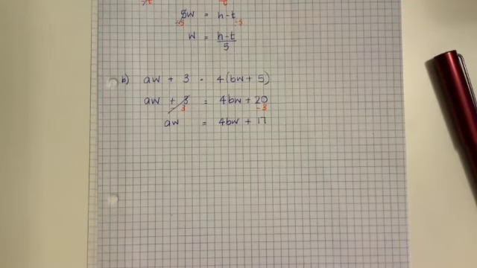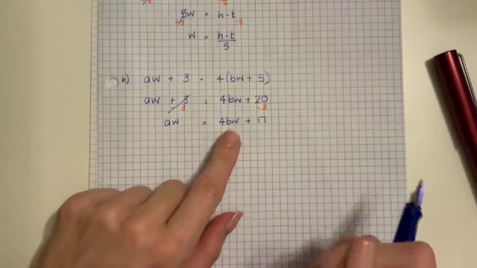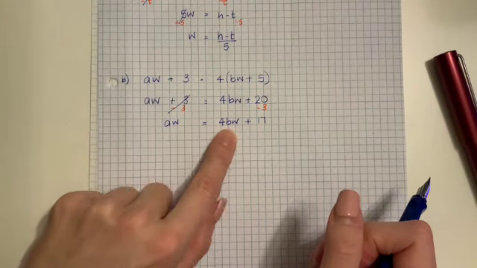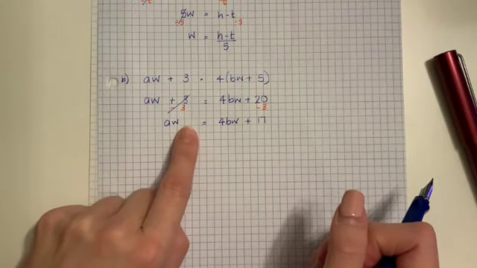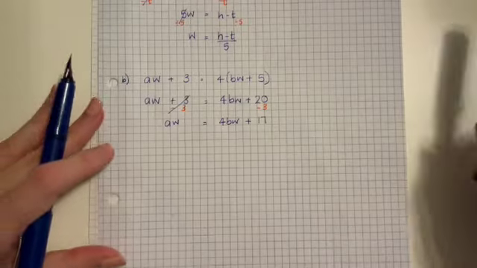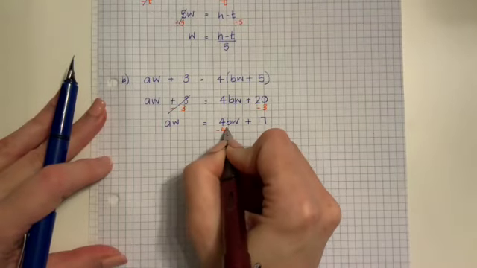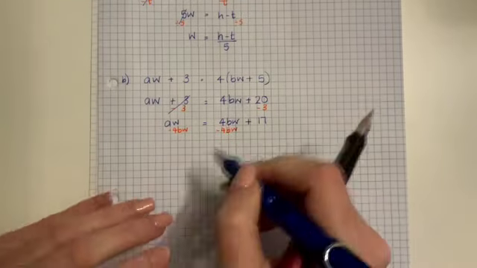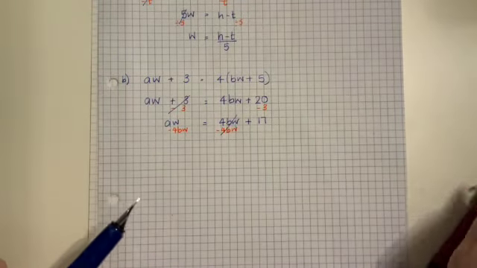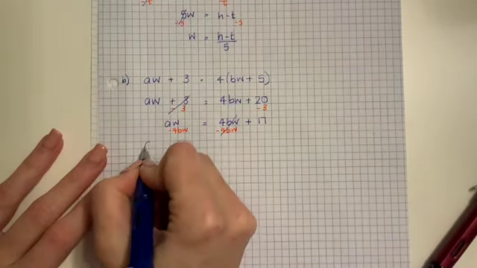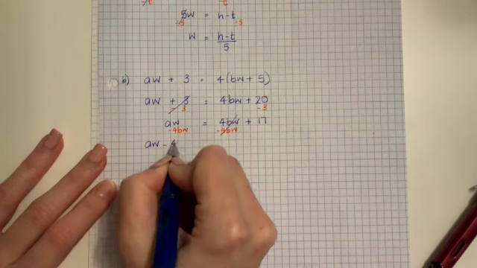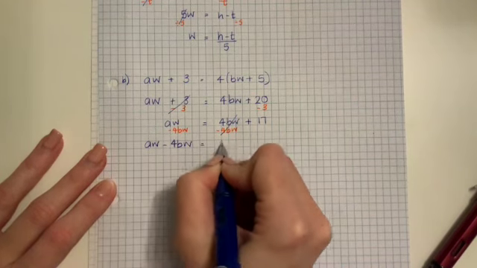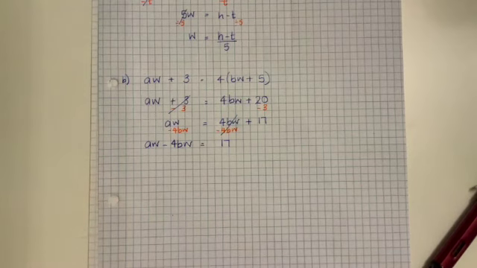So I've taken away 3 from each side. To get this over here, I just take it away from this side and this side. So it's take away 4bw there, and I take away 4bw here, so it disappears from this side. What I'm left with is aw minus 4bw equals 17.